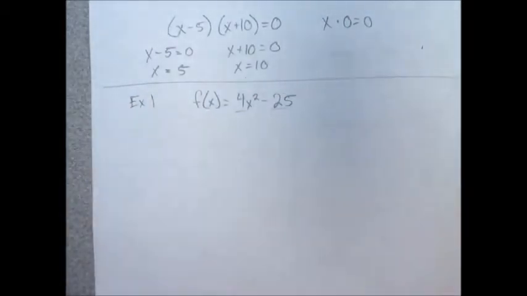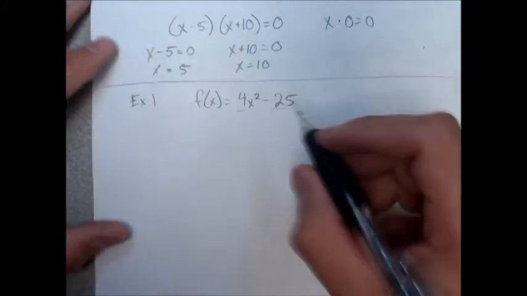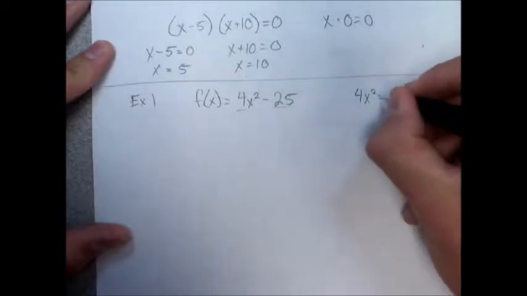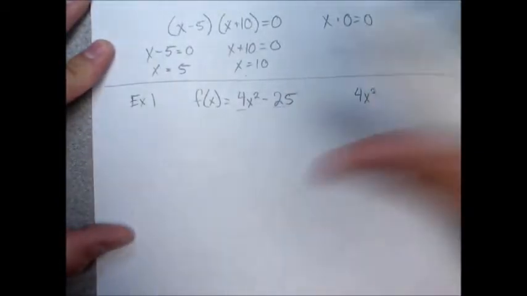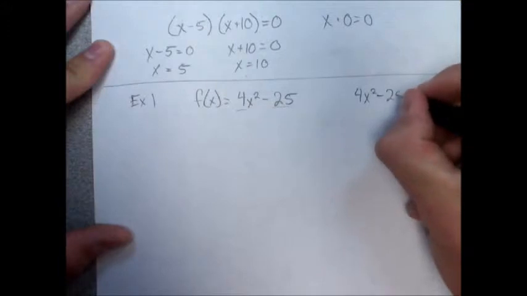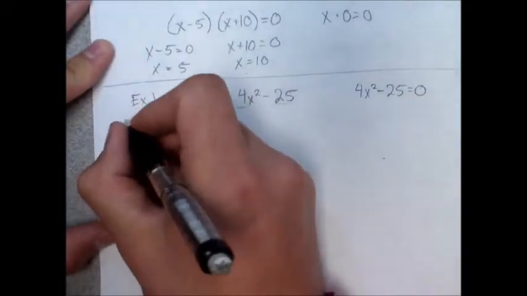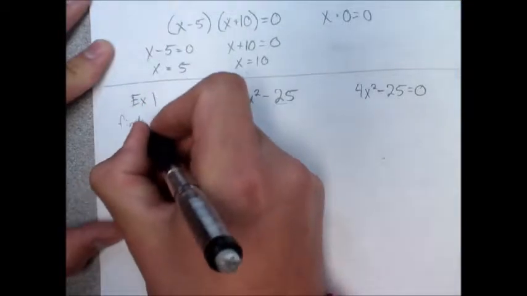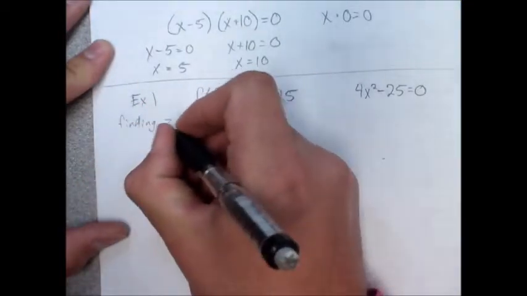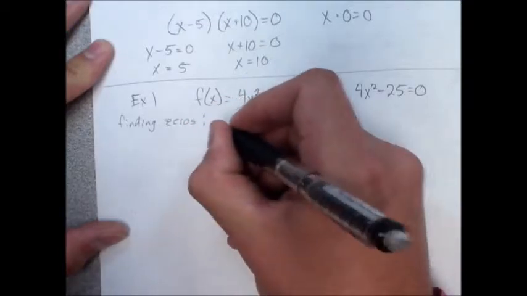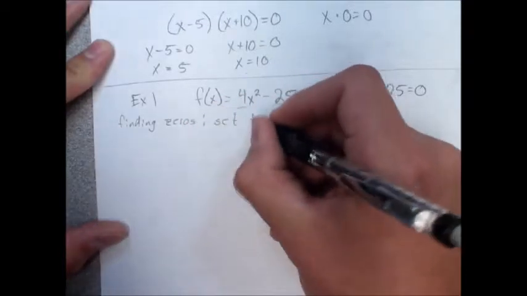So when they give you instructions that say find the zeros of a quadratic equation, they literally mean set the equation that they give you equal to 0. So when you're finding zeros, set the output equal to 0.